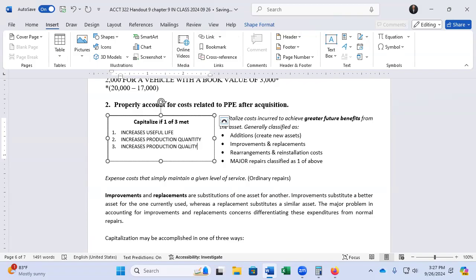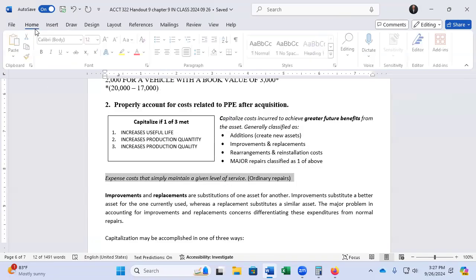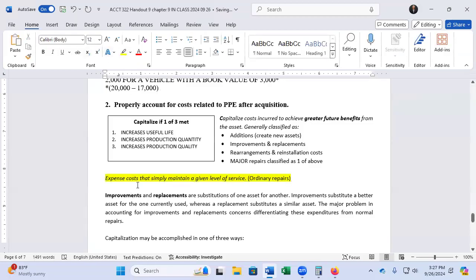And I said, if all of these are met, but only one of those three has to be met, excuse me. And then note on here, expense costs that simply maintain a given level of service, ordinary repairs, also called maintenance.